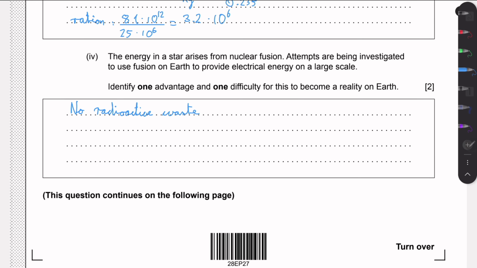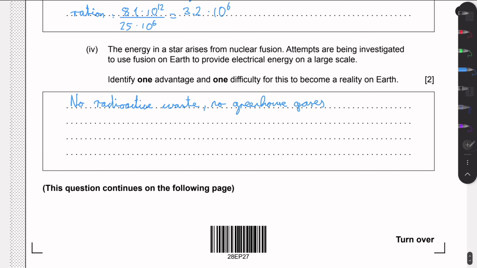So that's definitely a positive. We also have no greenhouse gases being produced by the reaction itself. But a difficulty is that we need very high temperatures, which at the moment are not yet really possible to achieve in a reasonable manner.